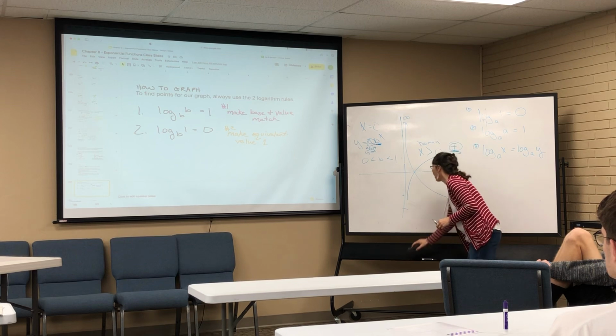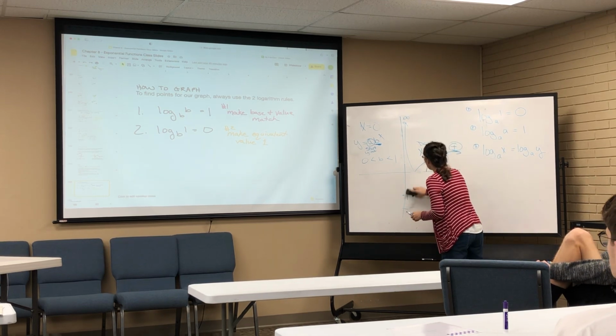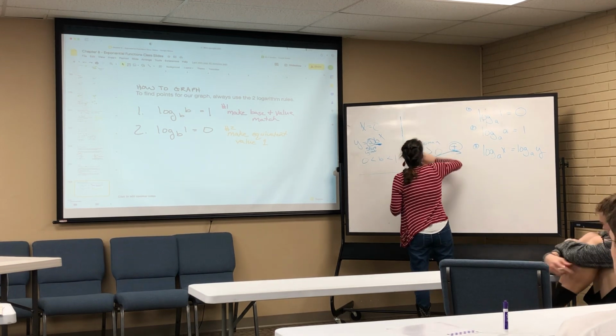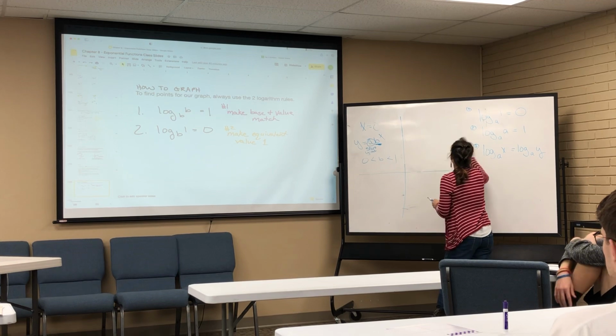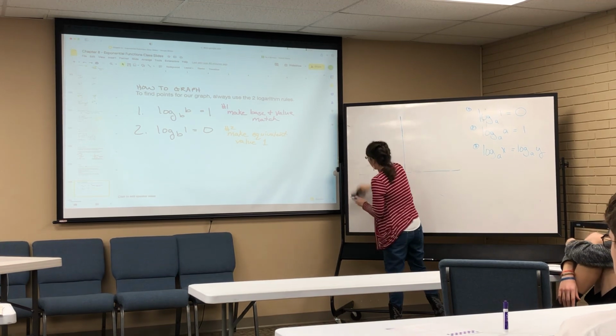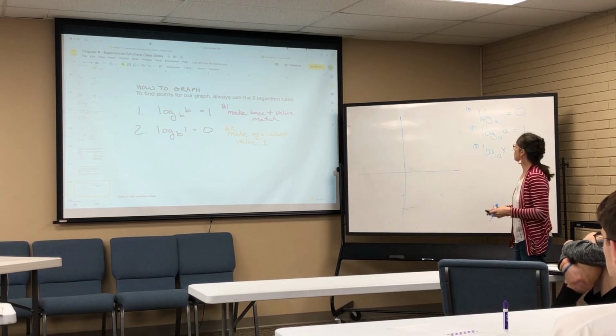Okay. So how do we find those special points? Because we can look at our graph, we can look at our equation, and now we can figure out what direction it's headed, what part of the coordinate plane to use, but where do we actually plug it in?